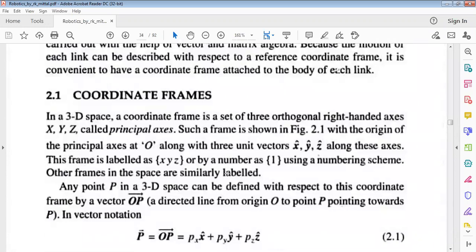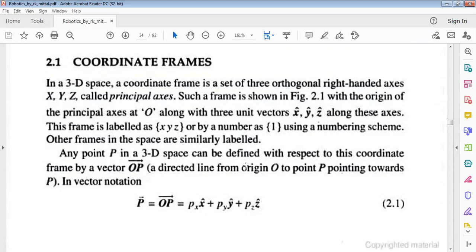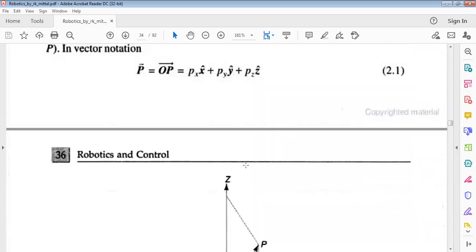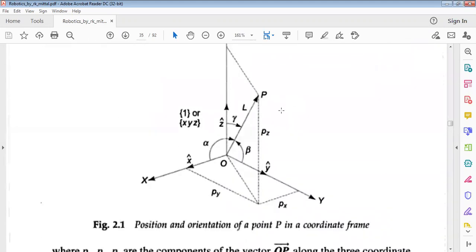So what is a coordinate frame? It is a set of three orthogonal right-handed axes, which are called principal axes. For example, in a coordinate frame, P is a point in 3D space.